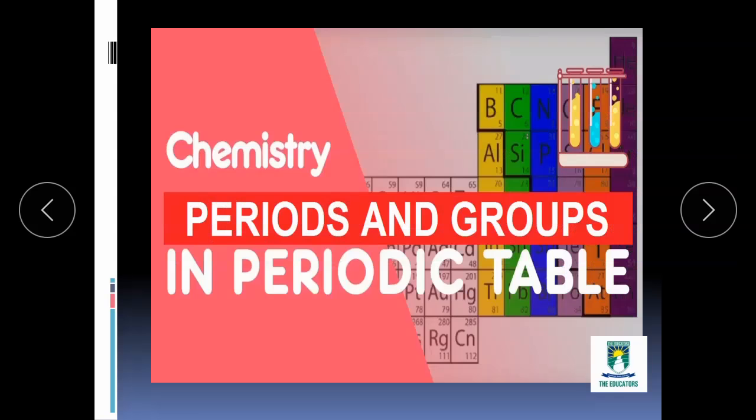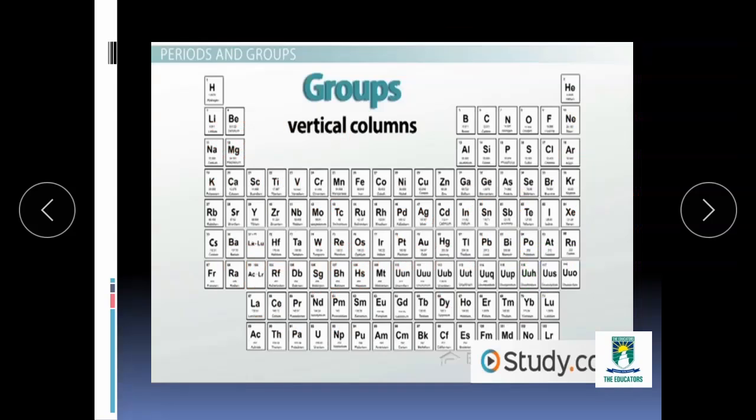Periods and groups in the periodic table. Students, as I told you, the vertical columns in the periodic table are called groups. For example, this is the first group, this one is the second group, third, fourth, fifth, sixth, seventh and eighth group elements.